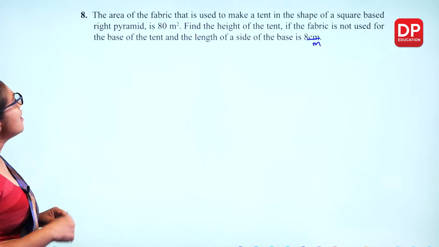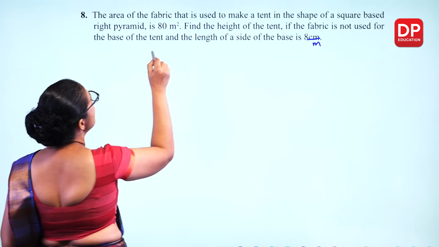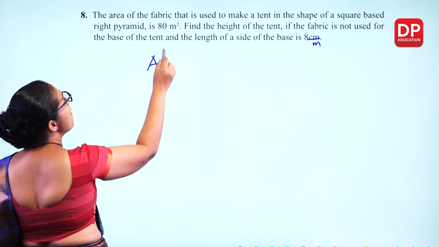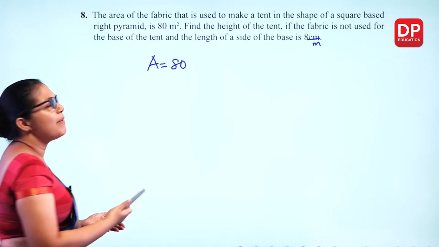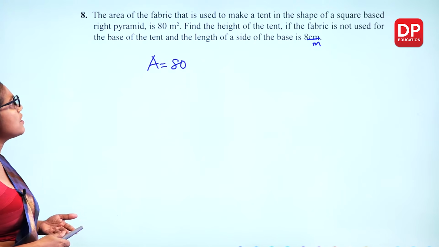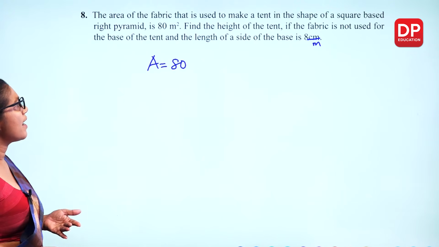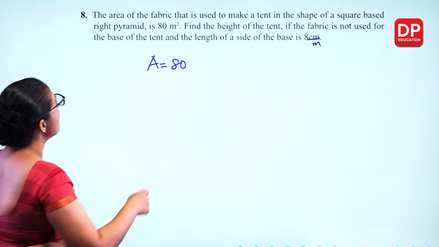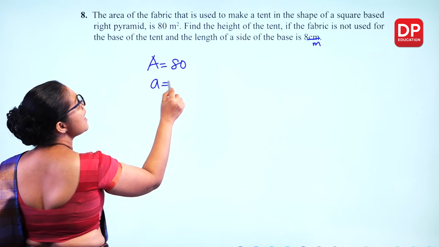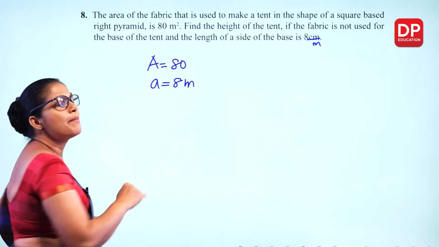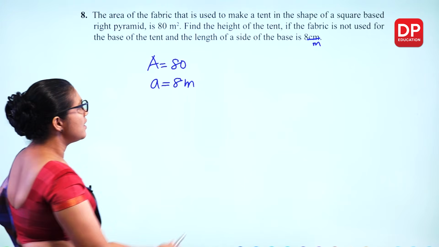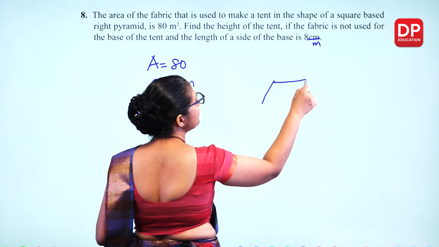Okay, so here what's given? It's given A but without the base area. So they have not used materials for the base area. And also they have given A. A is 8 meters. So we'll sketch the diagram.